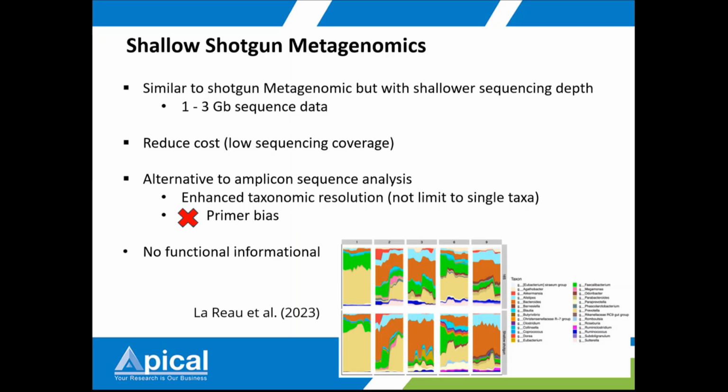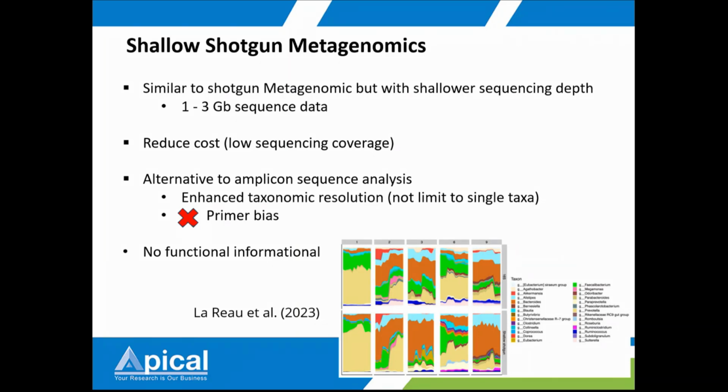The only limitation of shallow shotgun metagenomics is that the functional information will be limited, because unlike shotgun metagenomics, where you have a very high sequence depth, more than 6 GB, which helps you do a good assembly, for 1 to 3 GB of sequence data the assembly will be fragmented and very short.